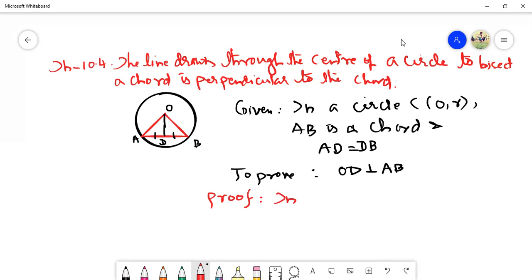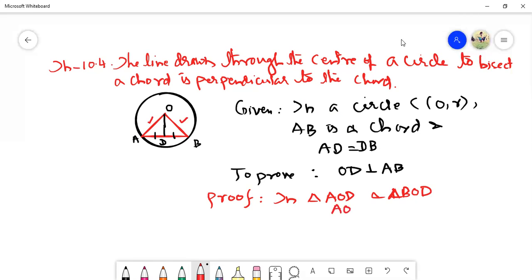Triangle AOD and triangle BOD. SSS can be applied here because this is the radius and this is also the radius.